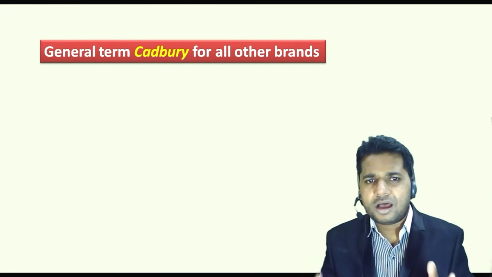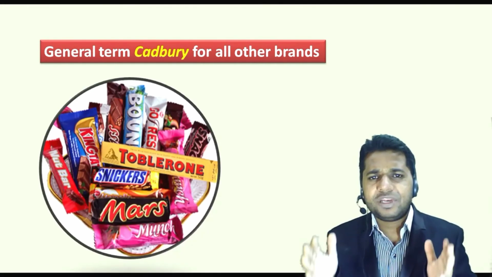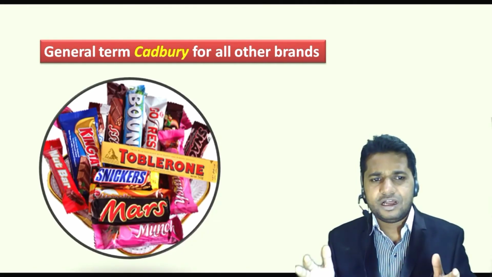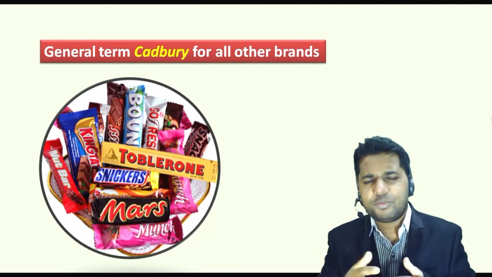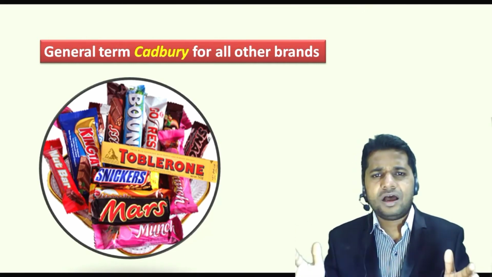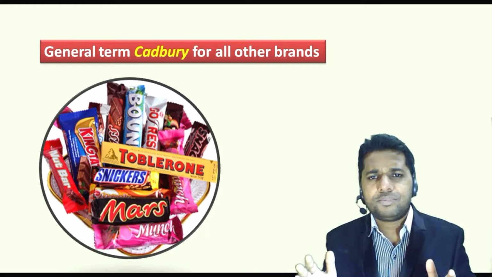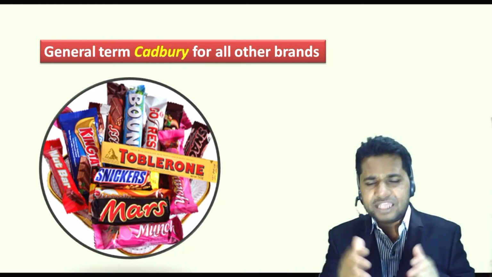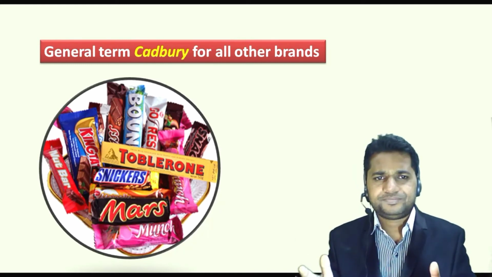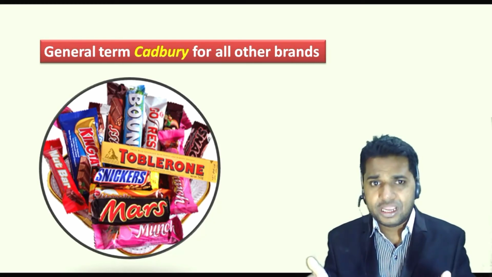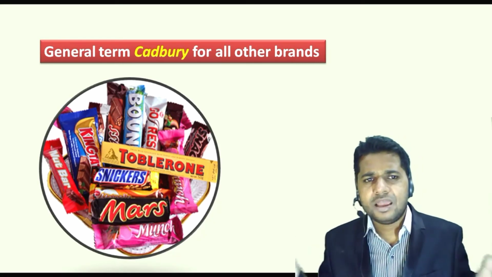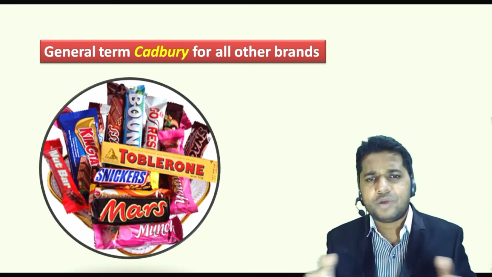Like there are so many brands here, Snickers, Mars and so many others. But when a child goes to a shop to buy these brands, he will ask for a Cadbury, and Cadbury is a different brand, but Cadbury is used for all other brands in India.